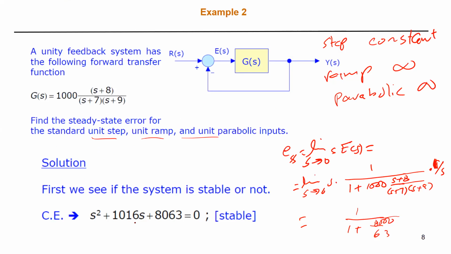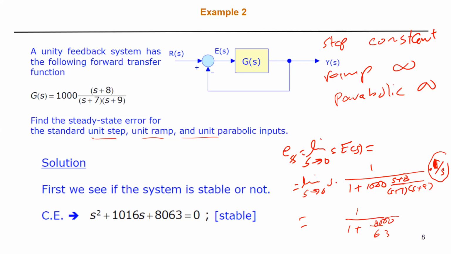So now, suppose my input is a ramp. This term is going to be 1 over S squared. If this is squared, I will have S in the numerator and S to the power 0 in the denominator, so infinity. So for the ramp it is infinity, and how about the parabolic?